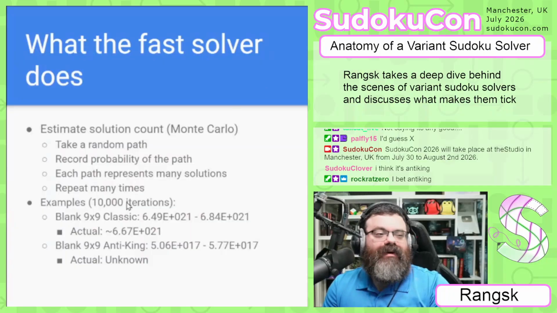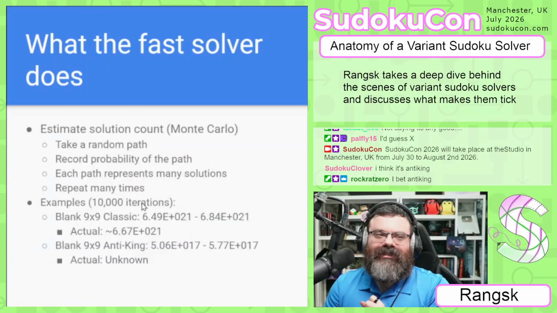So with only 10,000 iterations, which is not very many, on a blank 9 by 9 classic, my solver tells you that there are 6.49 times 10 to the 21 to 6.84 times 10 to the 21 solutions. If you were to take that average, it would be 6.67.